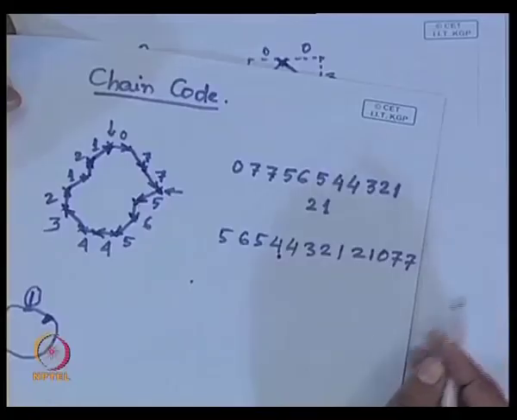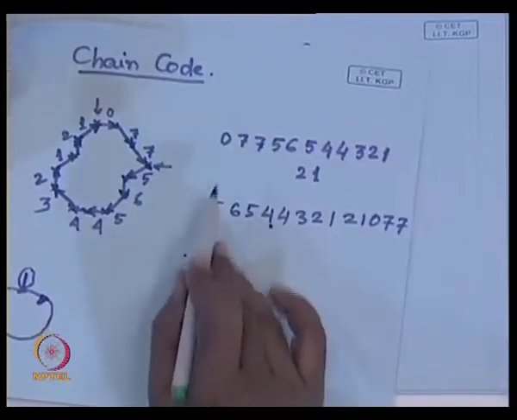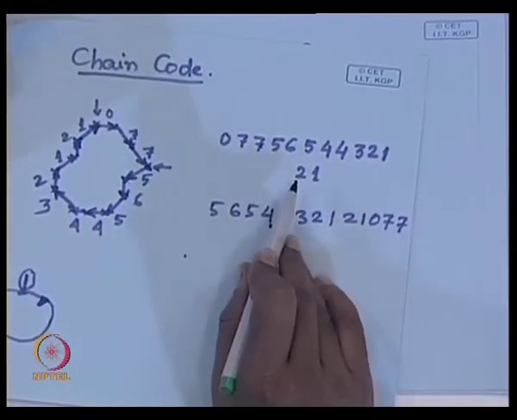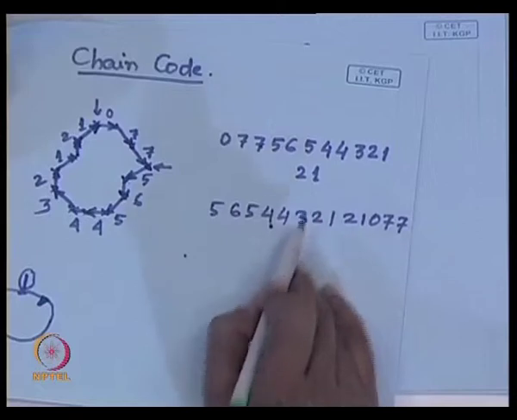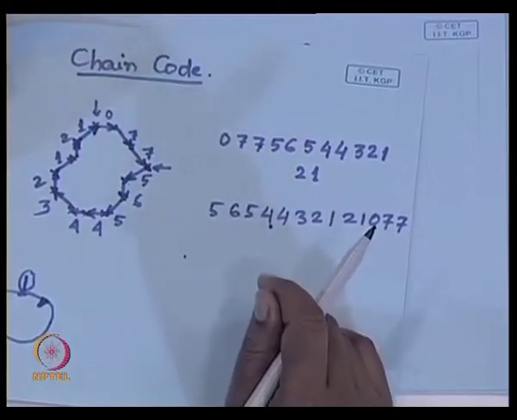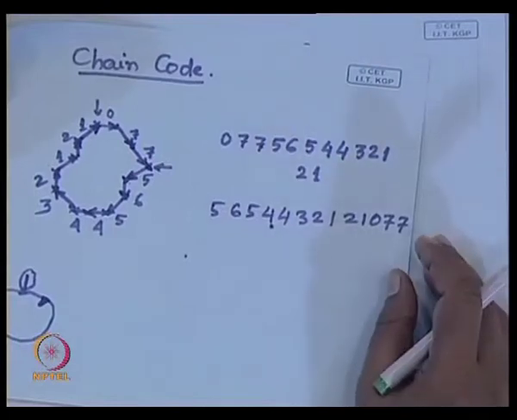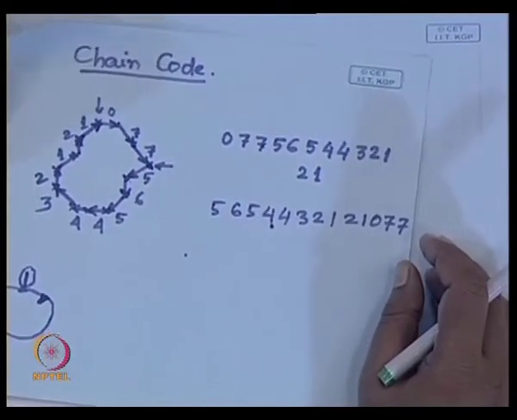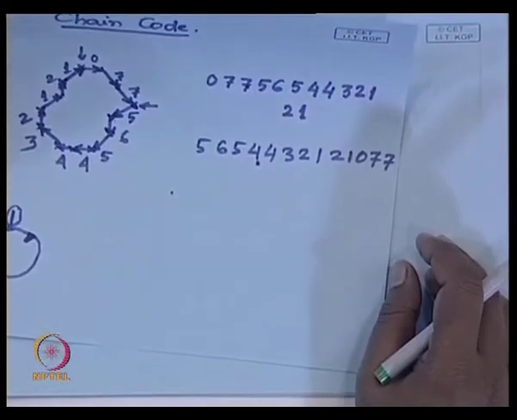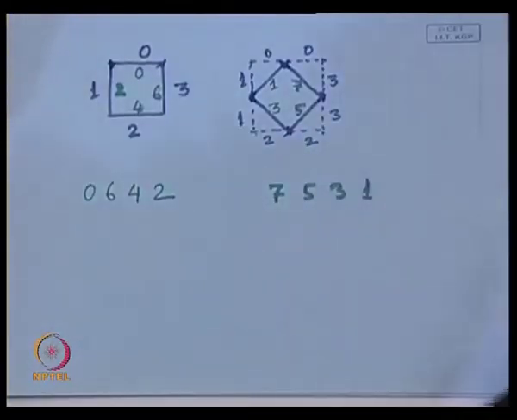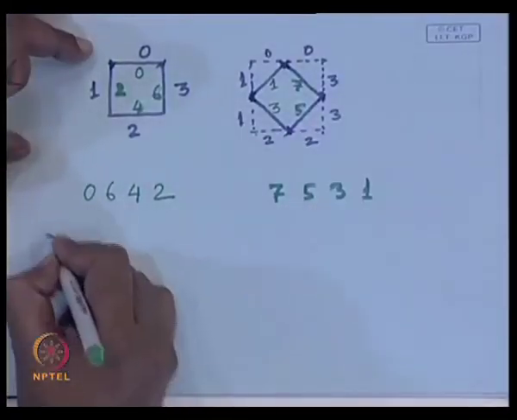So, over here, as I change the starting point, shift the starting point, the chain code again becomes different. Okay. So, how to take care of these problems if I want to represent a boundary or a shape by chain code? Okay. So, there is a concept of differential chain code.